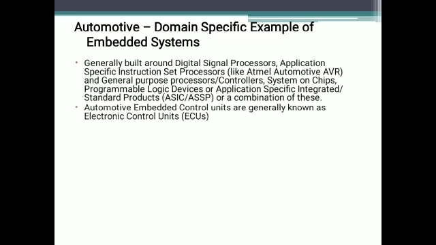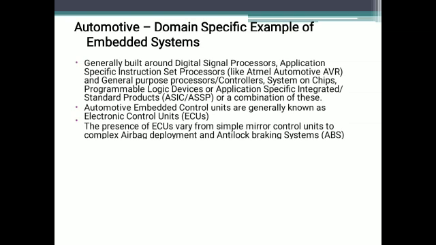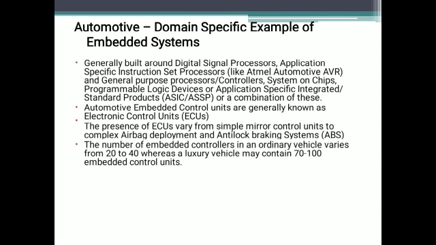So automotive embedded control units are generally known as ECU. This also I have explained. The presence of ECUs varies from simple mirror control units to complex ABS. The number of embedded controllers in ordinary vehicles varies from 20 to 40, whereas for luxury vehicles, as I told, like Mercedes S or BMW 7, it may contain up to 100 ECUs.